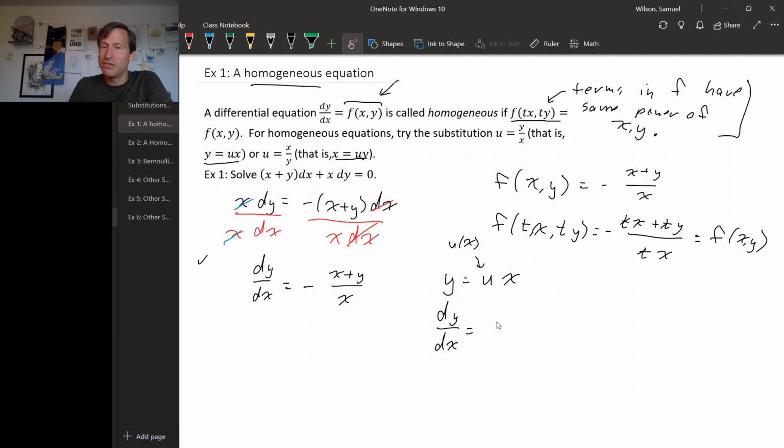And remember, the multivariable chain rule says we have to take the derivative of y holding u constant and treating x like the variable, times dx dx, plus the derivative of this formula that we're using for y with respect to u, times du dx.